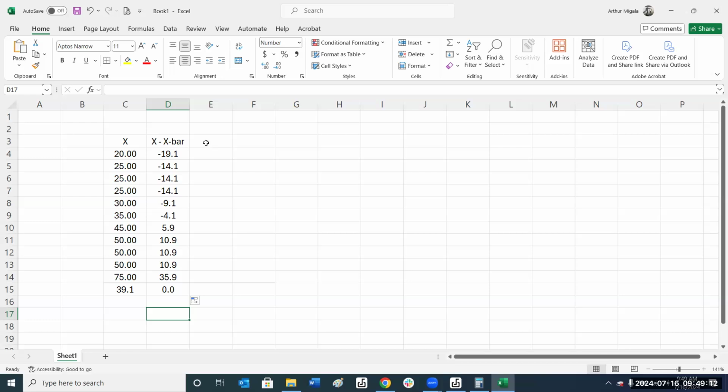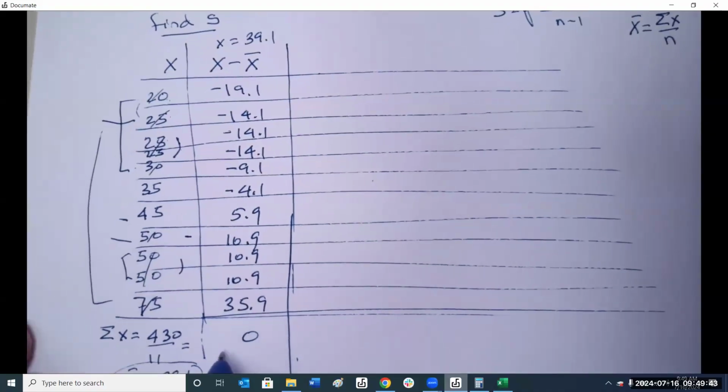So we got negative 19.1, negative 14.1, negative 4.1, 5.9. All right, so it should equal 0 if we add them up.